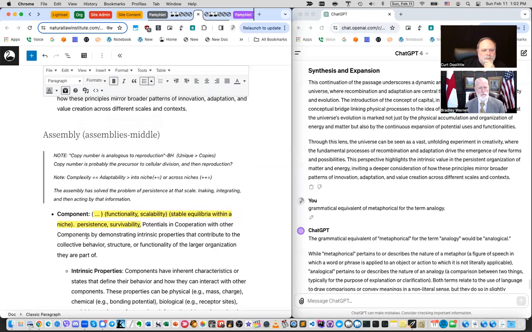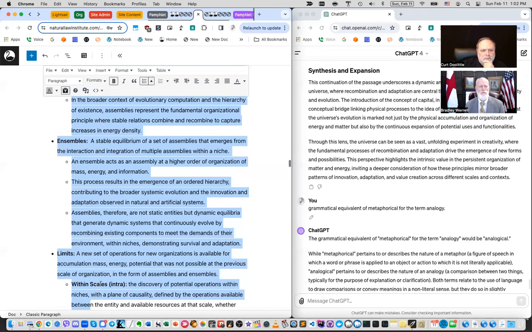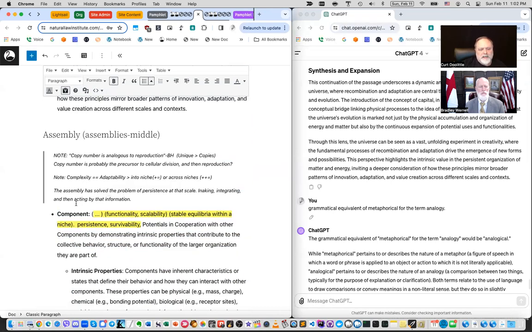In this section, please improve the definition of component.